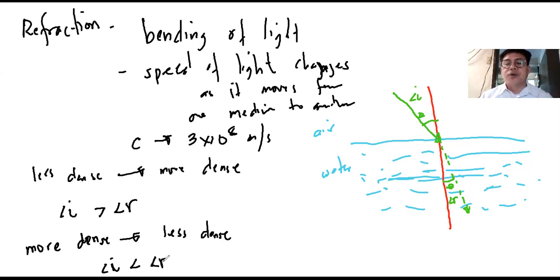There is no source of light at the bottom, but reflection is also happening there. So if the light coming from the sun enters the water, it will reflect back towards you. That's why you can see the surface of the water. So the direction of the light wave now is from more dense to less dense.